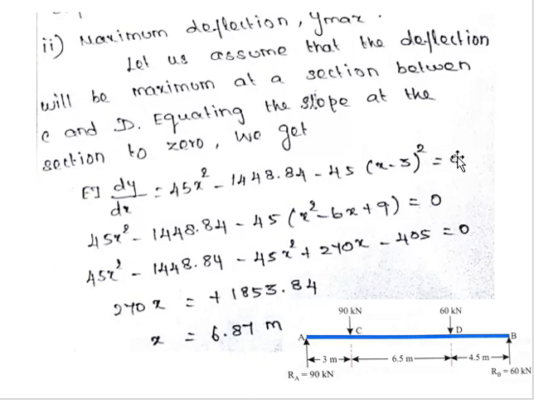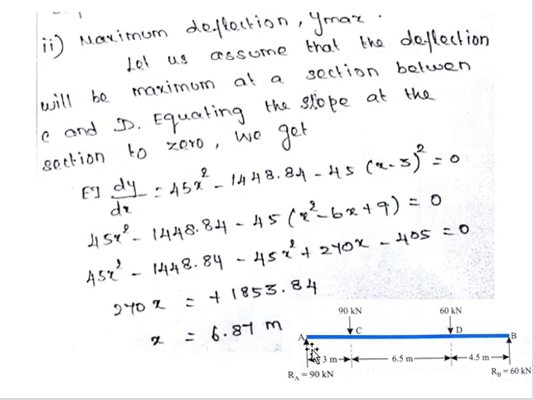In this equation your unknown value is this x1. So neglect this term here, because it does not apply in this section. Take this intermediate equation and finally solve this. You get x equal to 6.87 meter.